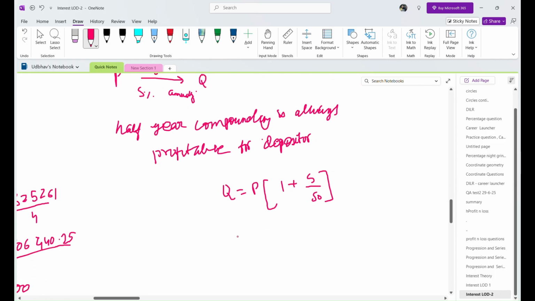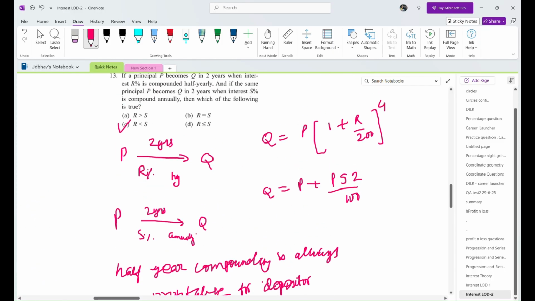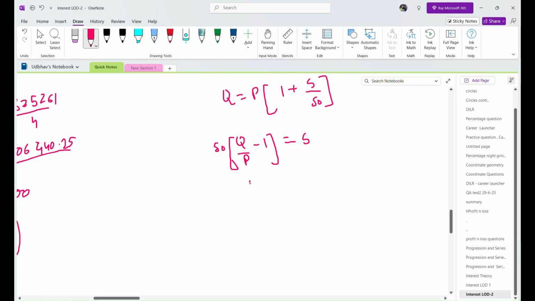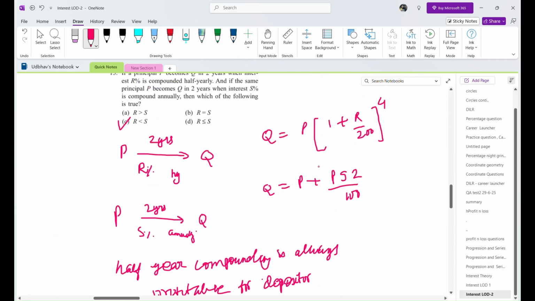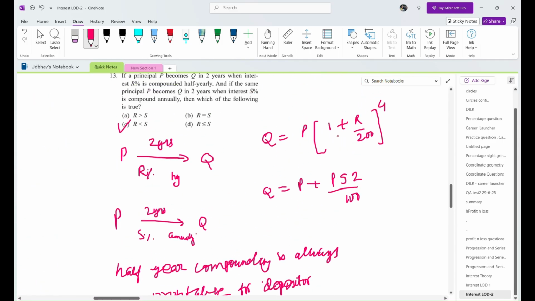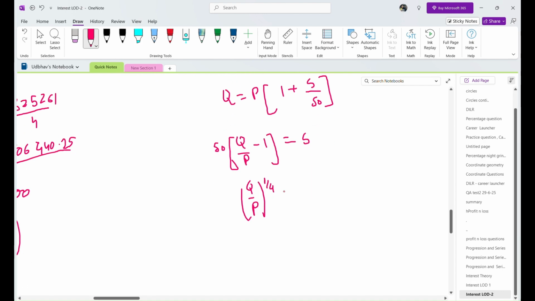So here Q upon P minus 1 into 50 equals to S, and here that is Q upon P to the power 1 by 4 minus 1 into 200 equals to R.